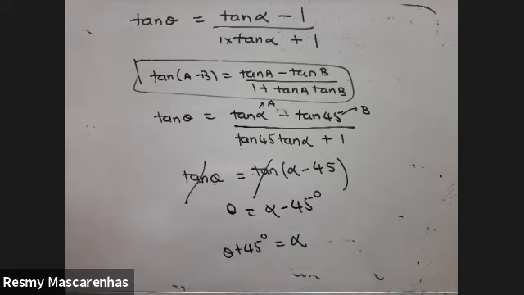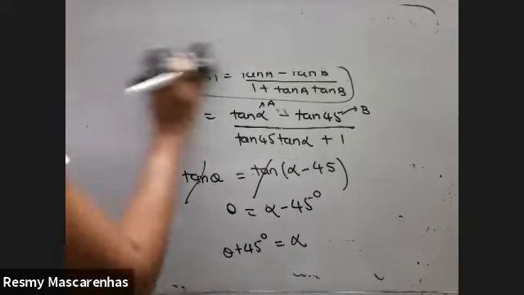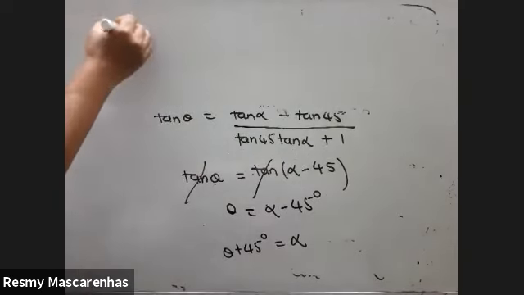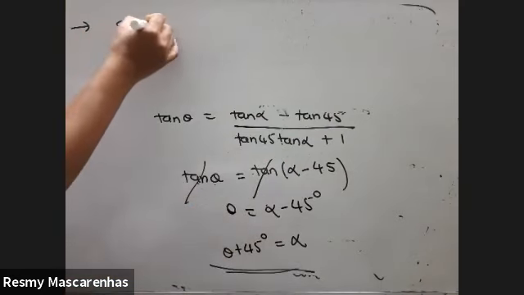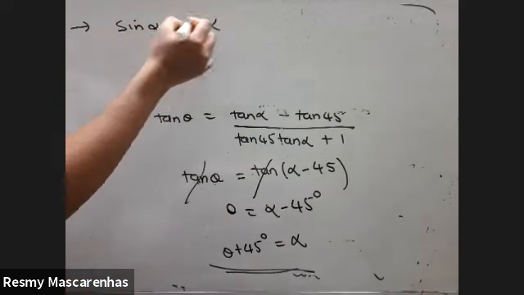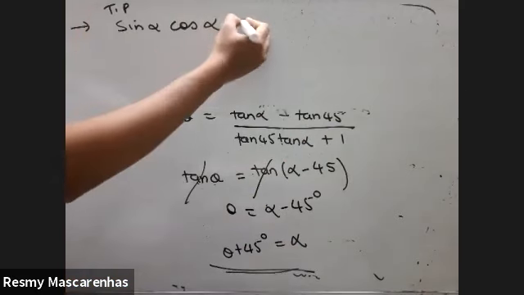Prove that something equal to root 2 cos theta. So we'll check what is the value of sin alpha plus cos alpha. So this is the first part done. This is the second part, to prove.